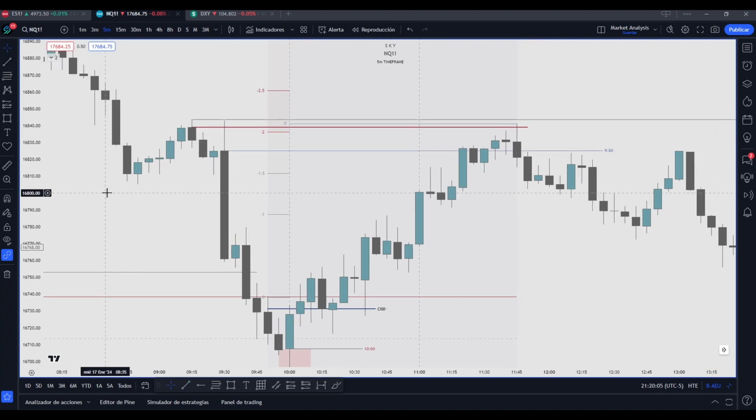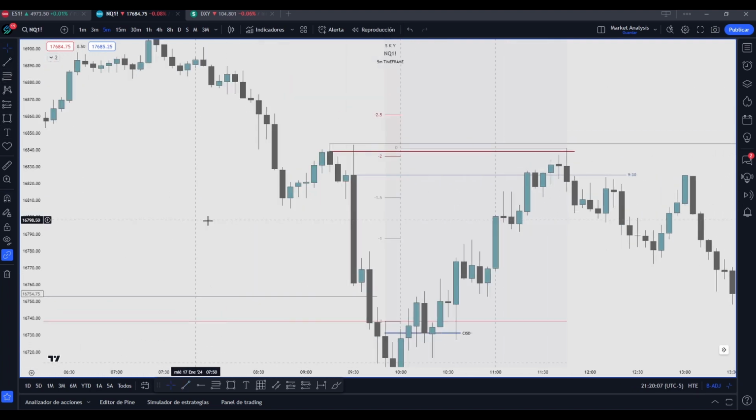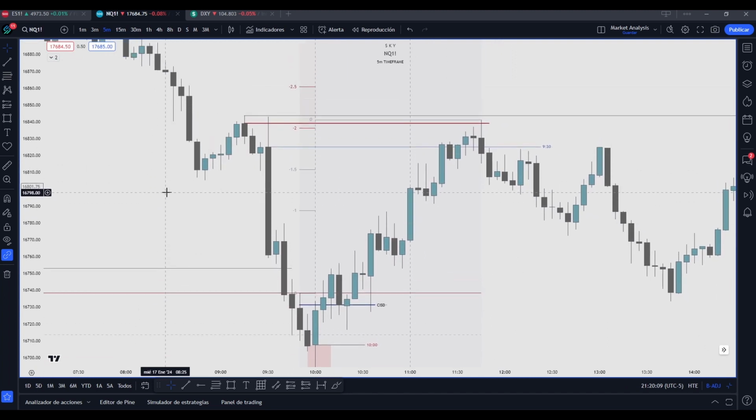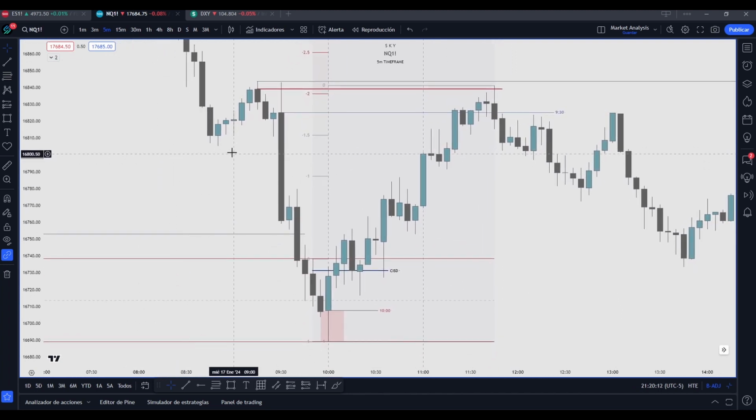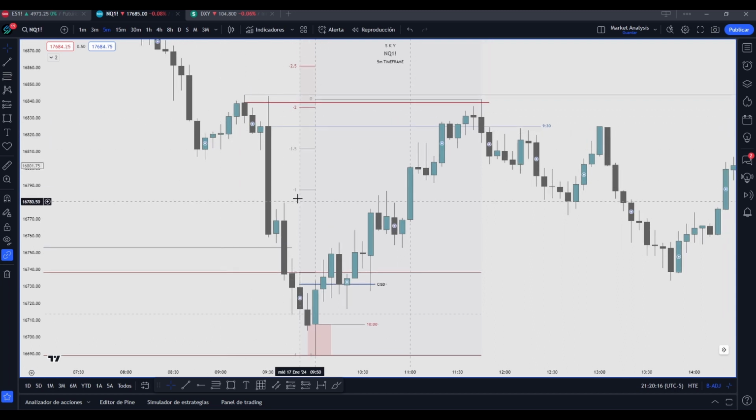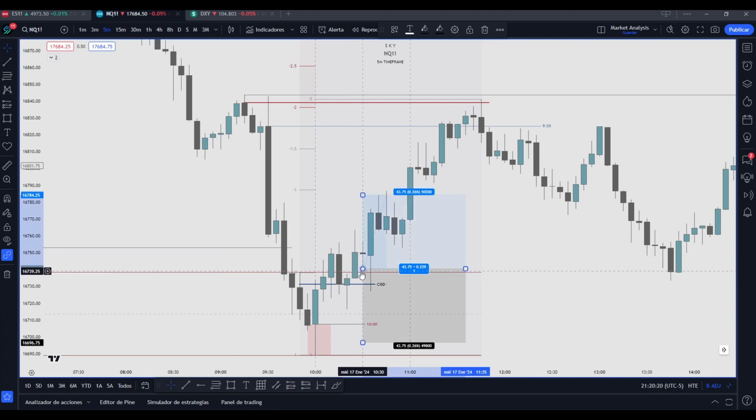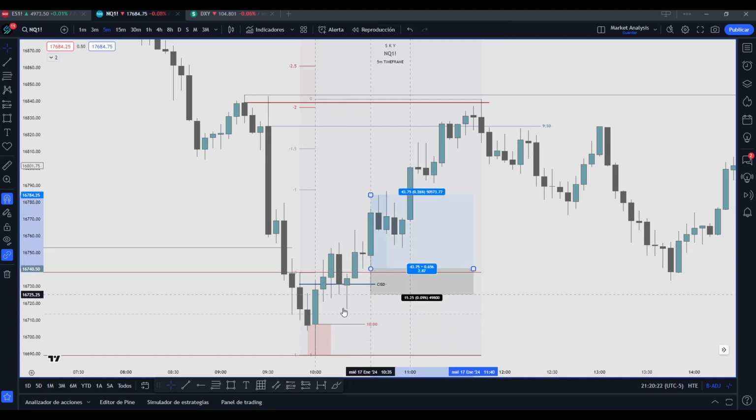And if you don't feel very comfortable or don't trust the model a lot to reach +2 standard deviation for this example, let's say you enter a bit lower, maybe here, and stop loss around here.